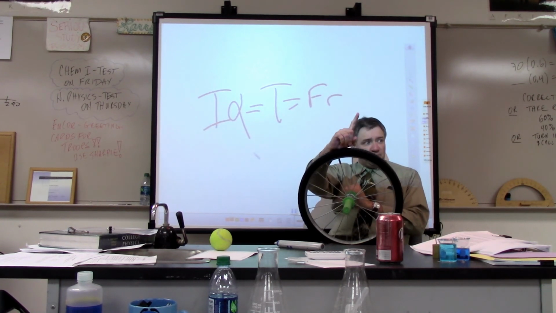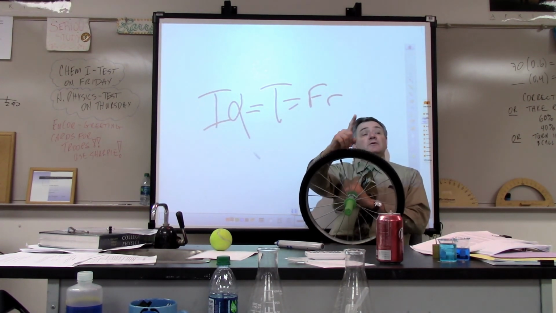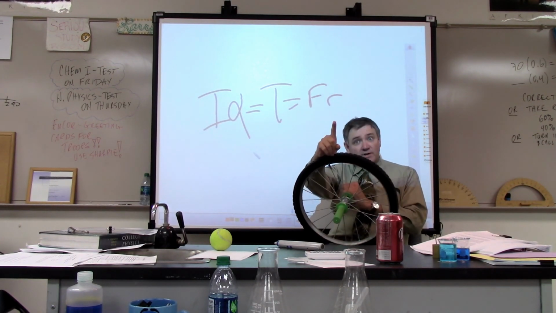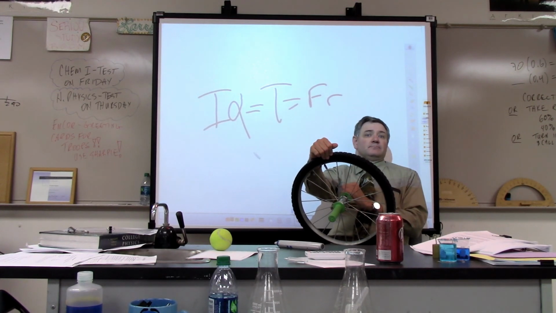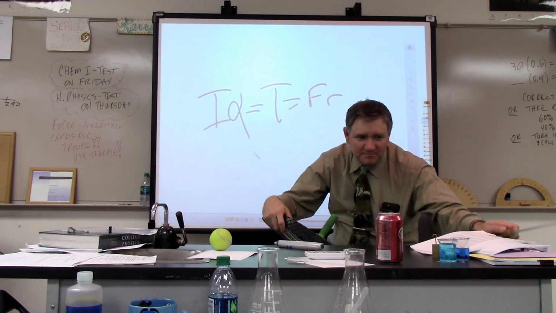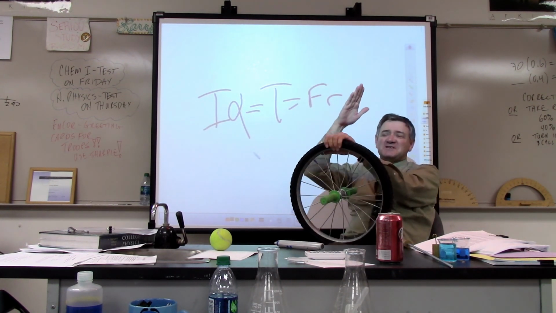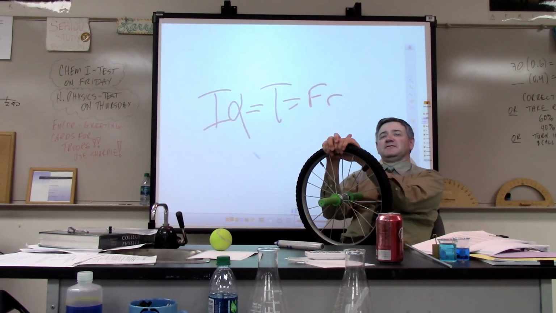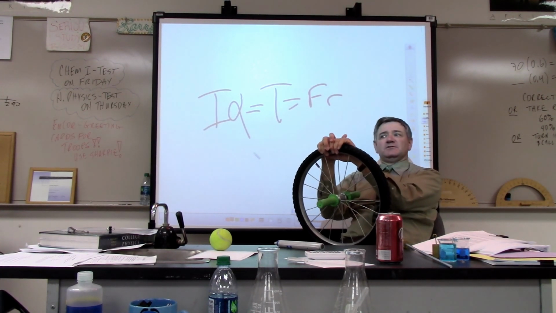So be careful about that idea of mr squared. But what units is every moment of inertia measured in? Kilogram meter squared. No matter how you calculate it, it's always kilogram meter squared.